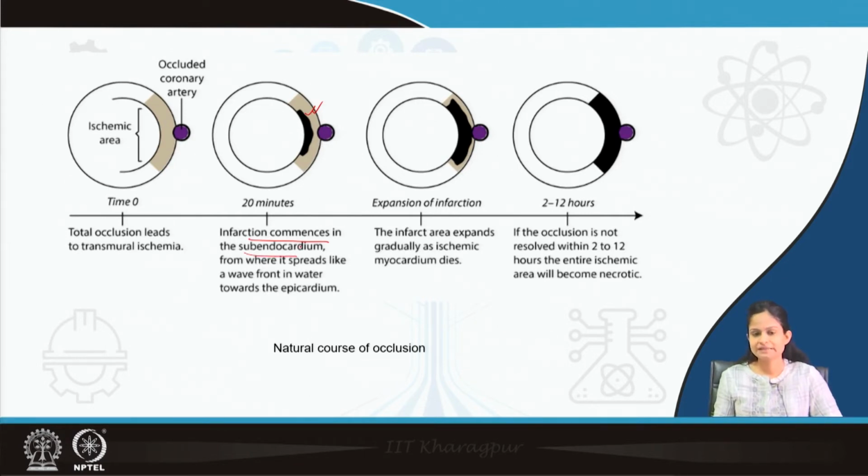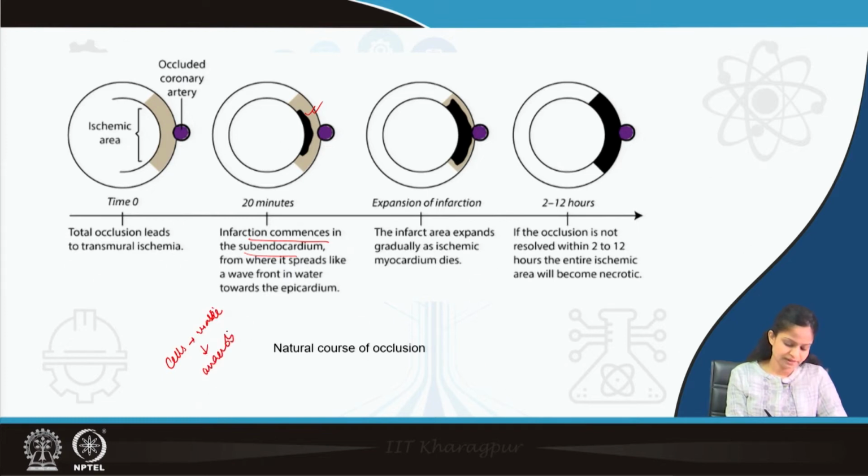Because whenever the cells are ischemic, to remain viable they will undergo anaerobic metabolism, but this occurs only for 20 to 30 minutes.